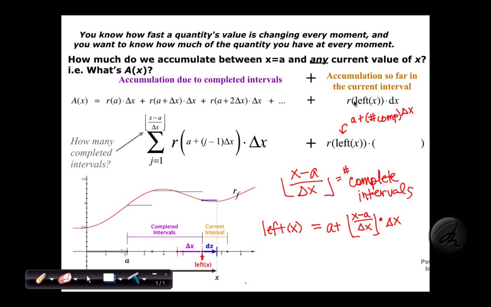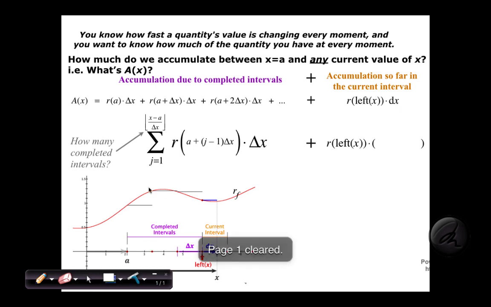In any case, this left of x can be replaced by this expression in any situation. They're both variable expressions with x as a variable, and they also both depend on knowing parameters a and delta x, which isn't necessarily obvious from this. But in any case, let me clear all this nonsense off here, a little less messy to look at now.